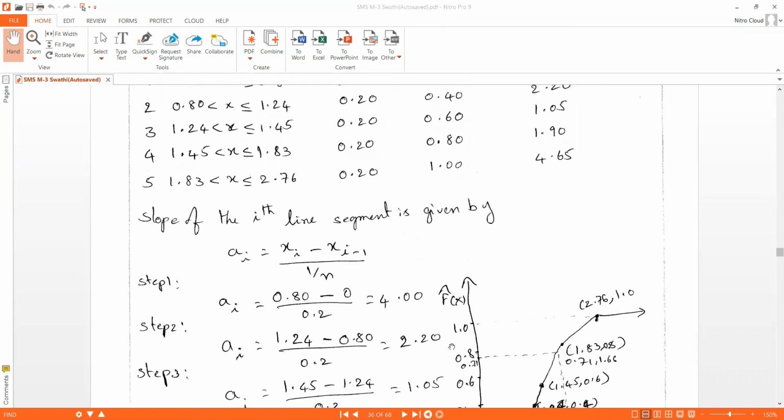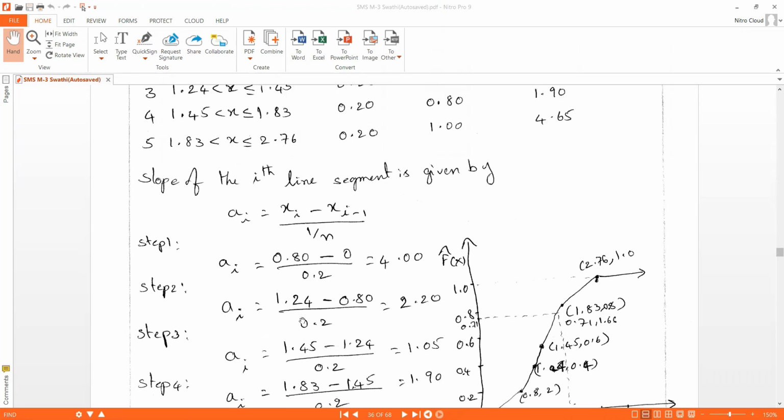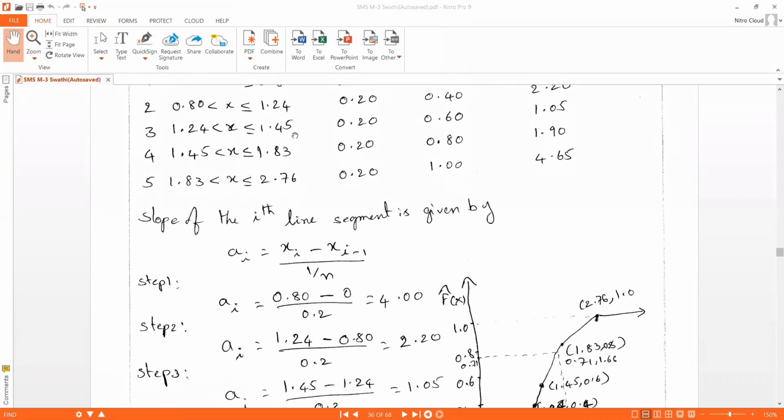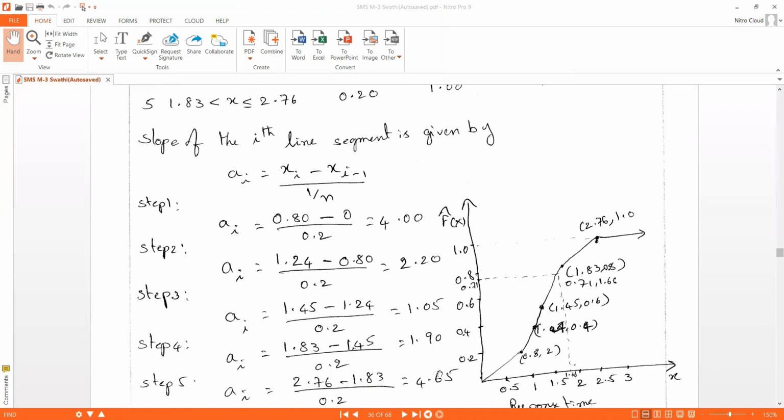We will get 2.20. Now for i equals 3, x_i is 1.45 minus x_{i-1} which is 1.24, divided by 0.2. We will get 1.25 as the a_i value.